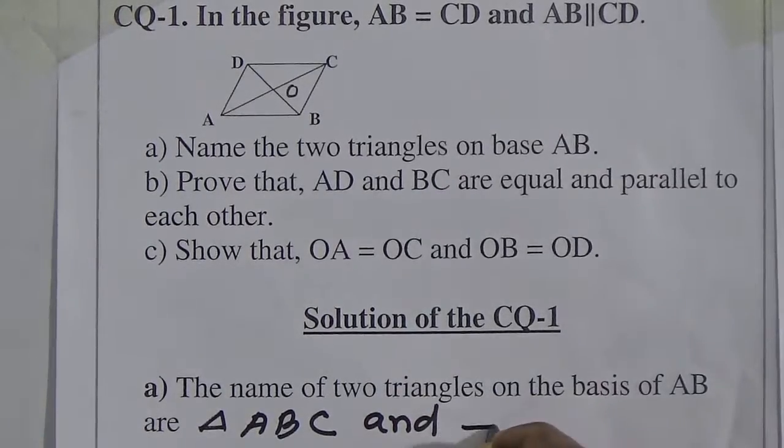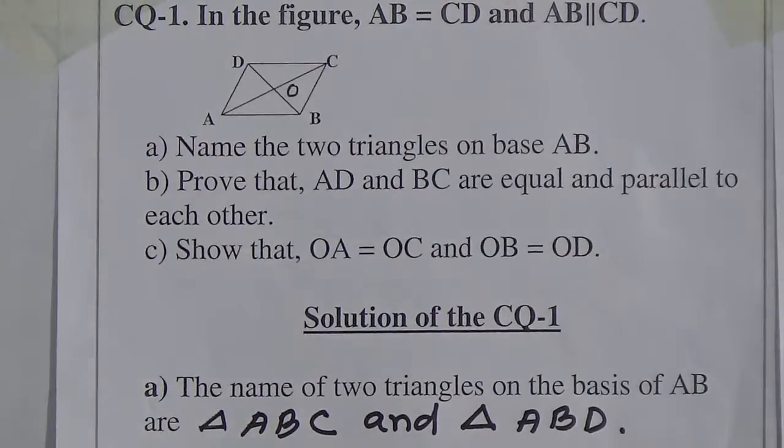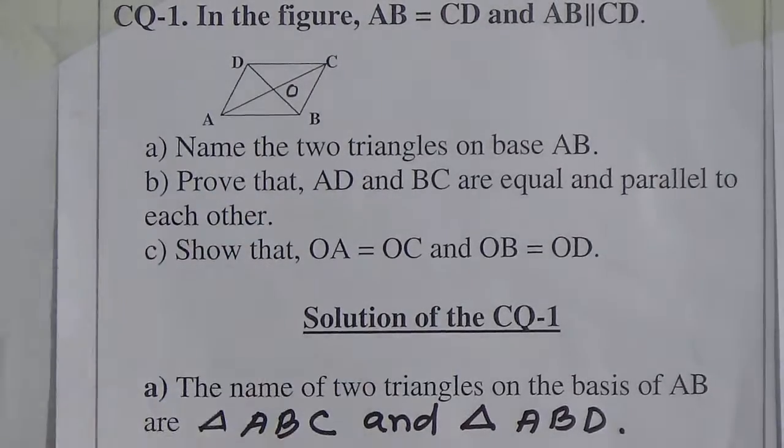So we choose ABC and ABD triangles. Hope you understood. Look again, AB is the base. In both the cases, AB is the base.